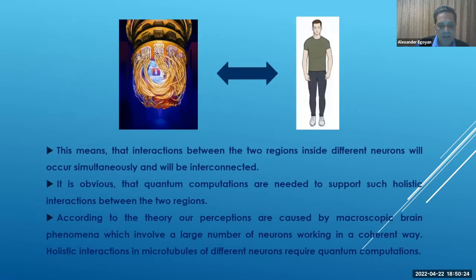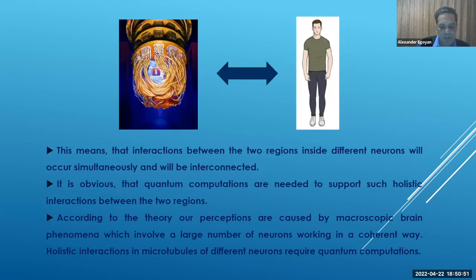This means that interactions between the two regions inside different neurons will occur simultaneously and will be interconnected. It is obvious that quantum computations are needed to support such holistic interactions between the two regions. According to the theory, our perceptions are caused by macroscopic brain phenomena, which involve a large number of neurons working in a coherent way.